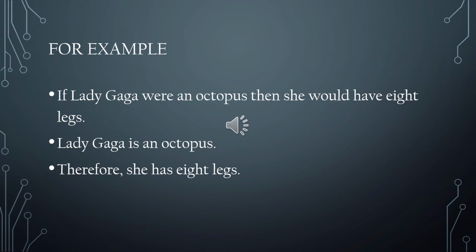And if it were true that Lady Gaga was an octopus, it would have to be the case that she has 8 legs because octopi have 8 legs. So this argument would pass our second test of validity. However, there's a much easier way to determine that it's valid, and it is by learning to recognize the logical form or structure, which I'll get to in the next slide.